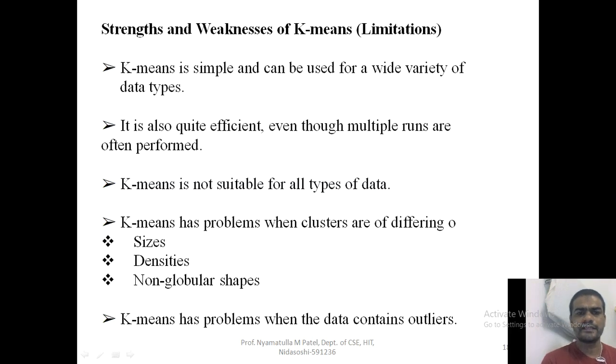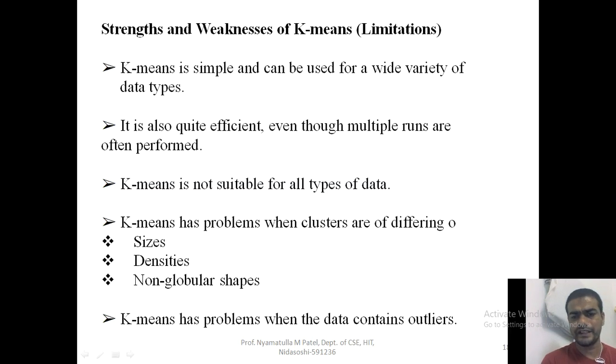Now coming to the strengths and weaknesses of the k-means algorithm, also called its limitations. K-means is simple and can be used for a wide variety of data types. It is a very simple approach, and it can be applied to a wide variety of data.